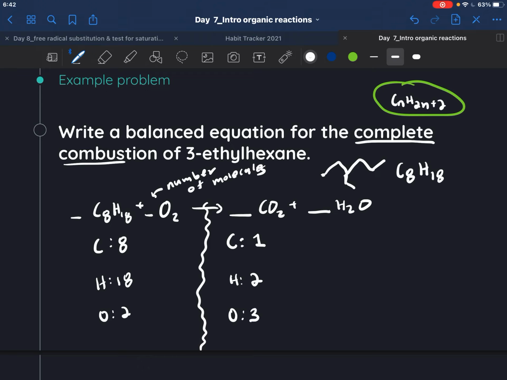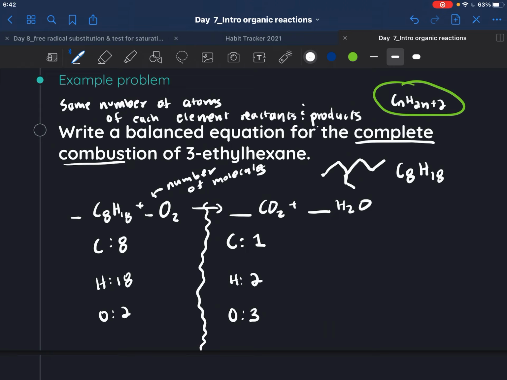All right. So my goal is to get the same number of atoms of each element in my reactants, the things that I start with, and my products, the things that I finish with in my reaction.